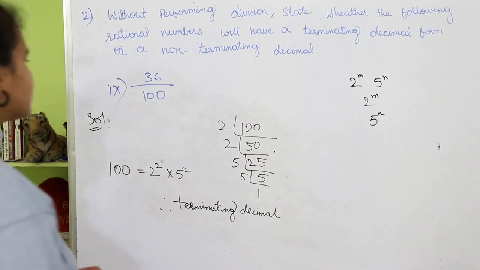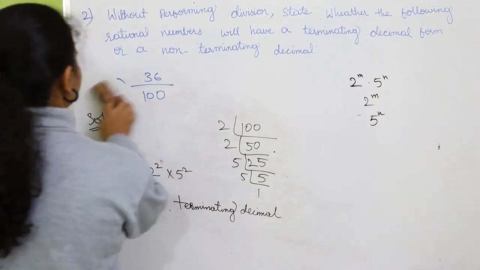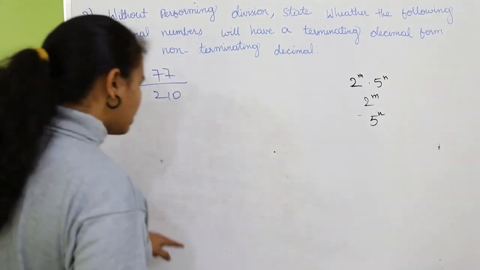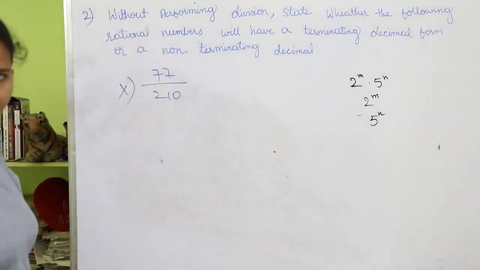Now let me go for the last one in the second question, the 10th one, 77 by 210.